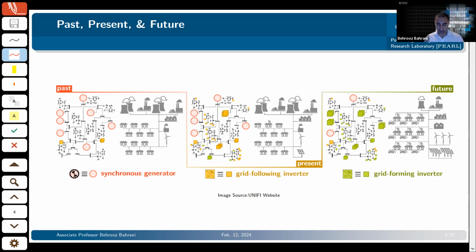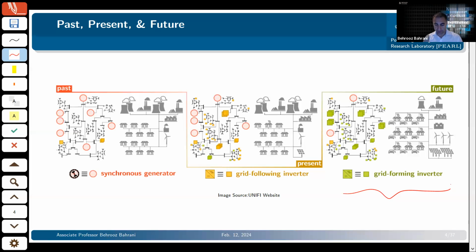We've been installing grid-forming inverters since I think 2017 or so, and recently this has been accelerated with a number of initiatives that we have been looking into through our Australian Renewable Energy Agency, which is funding a number of grid-forming inverters to come to the grid. So what we are seeing here is going to be probably the norm in years to come.